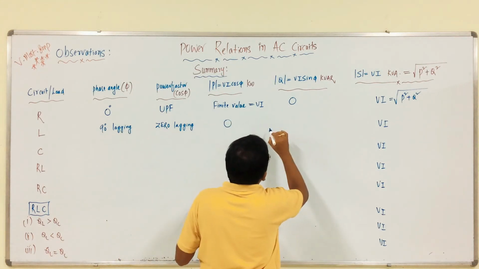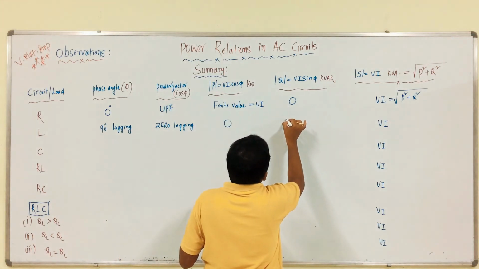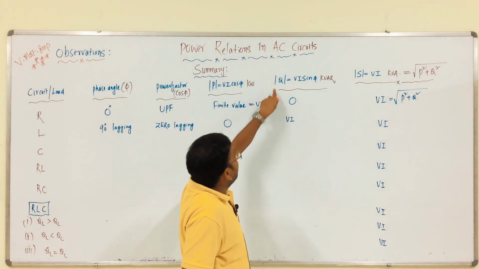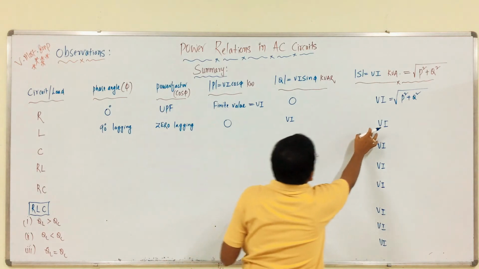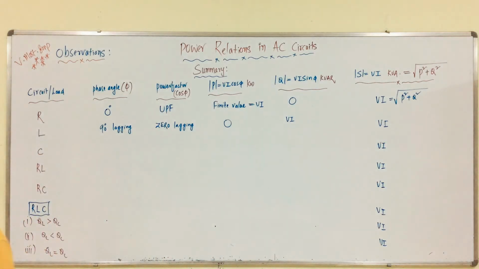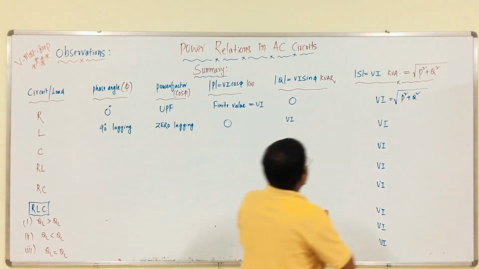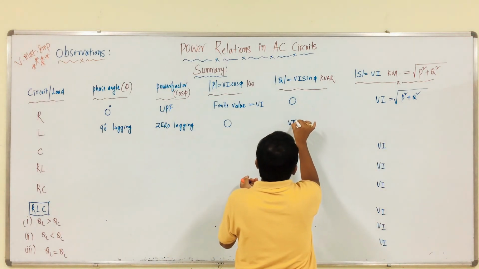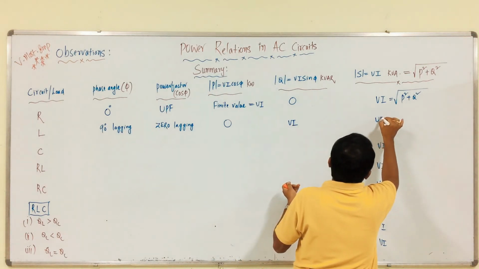Coming to reactive power, VI only. Here we can consider mod Q, VI. That is why we have VI. Or you can write, see, exactly opposite to this. This is VI. This is also VI.